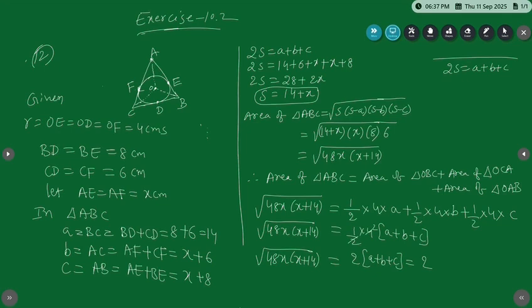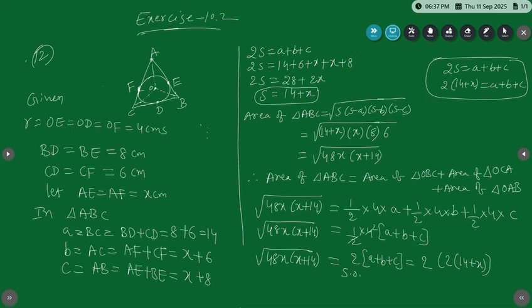We know the S value, so 2 into S, that is 2 into 14 plus X, equals a plus b plus c. Substituting, we get 2 into 14 plus X.